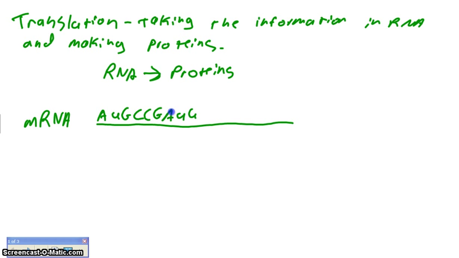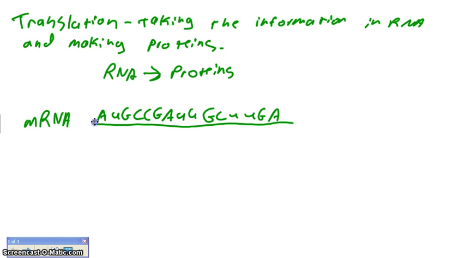A, U, U, they could be anything. G, C, U, G, C, U, and then U, G, A, U, G, A. Perfect. And all of those are U's. U, U. Okay, good. So that's what mRNA looks like.